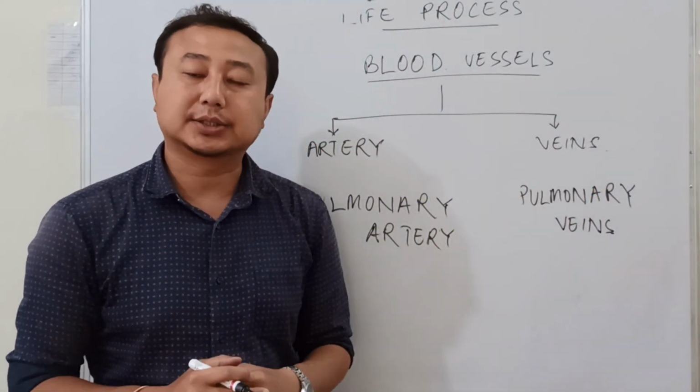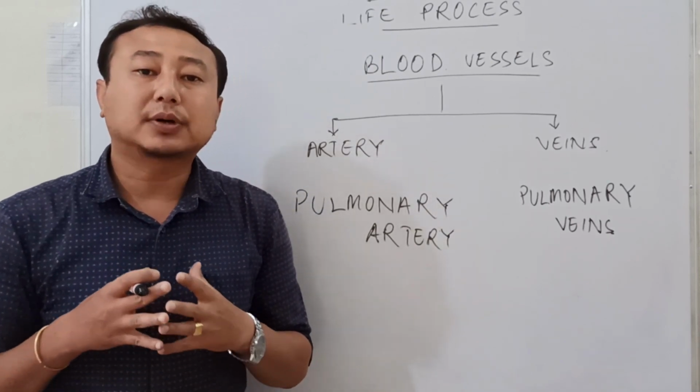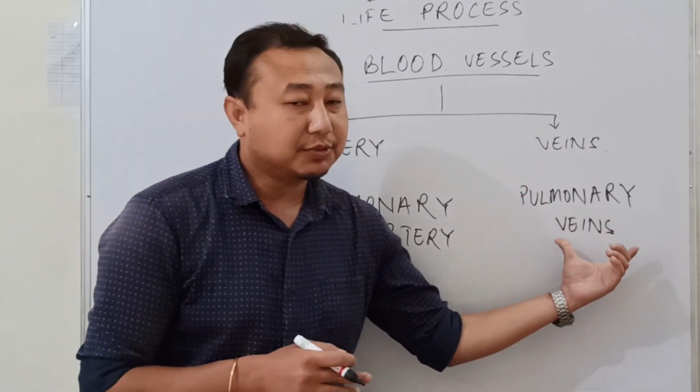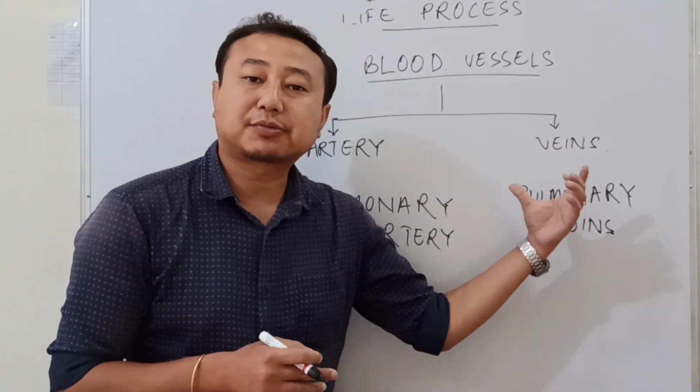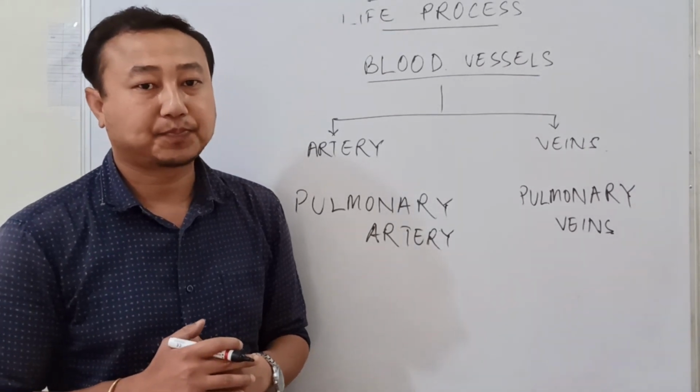Generally, veins carry deoxygenated blood, which means there is more carbon dioxide than oxygen. But the pulmonary veins, which bring the blood from the lungs to the heart, carry oxygenated blood.